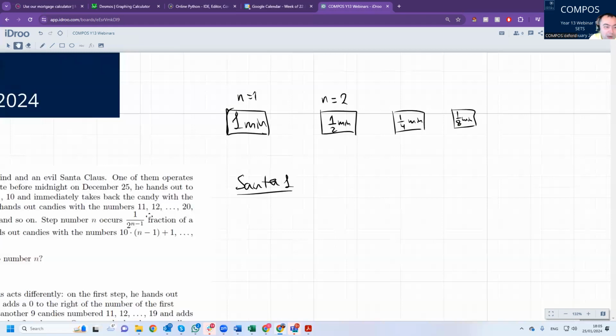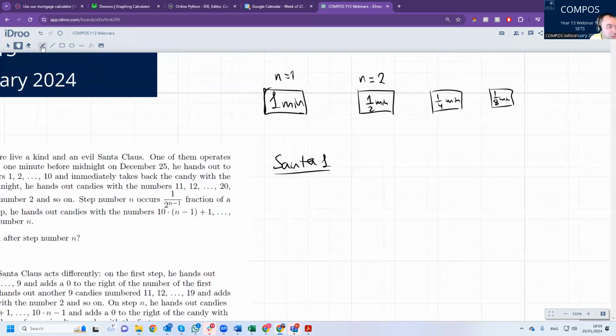Now, room 1, Santa 1, gives out 10 candy, and each candy has a number on it: 1, 2, 3, up to 10.